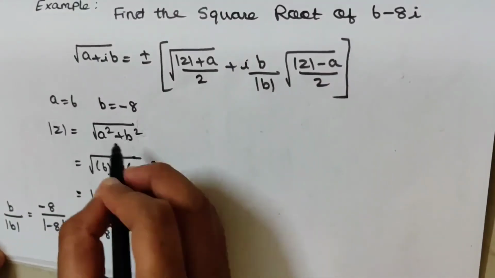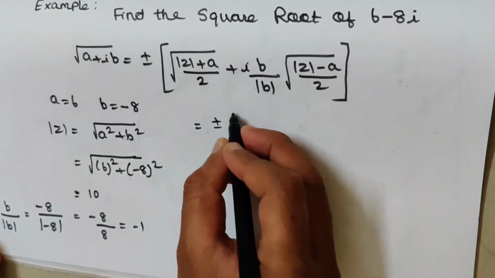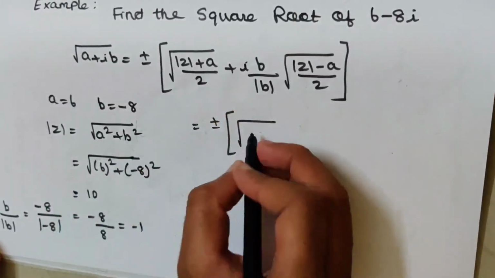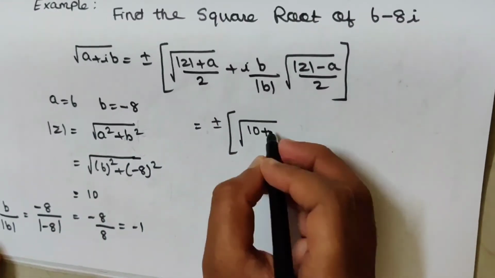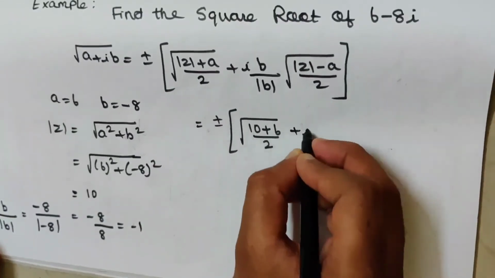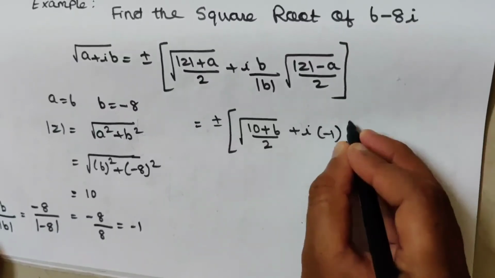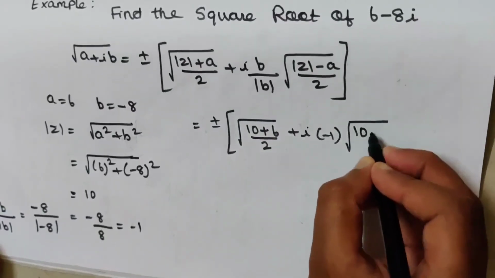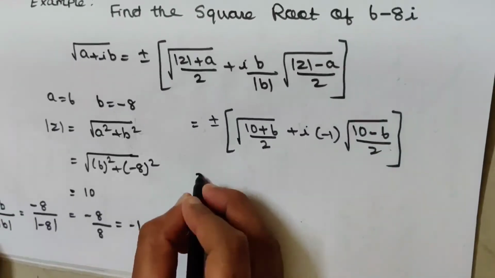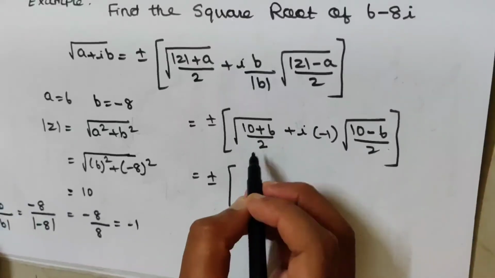So now I am going to use this in the result. So plus or minus square root of modulus of z, which is 10, plus a, which is 6, divided by 2, plus i into b by modulus of b, which is minus 1, square root of 10 minus 6 divided by 2. So plus or minus root of 16 by 2, that is 8.